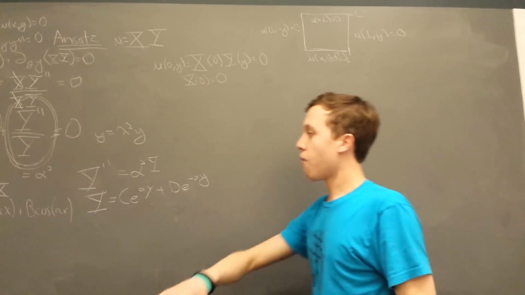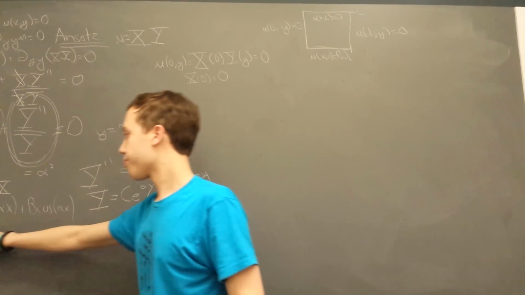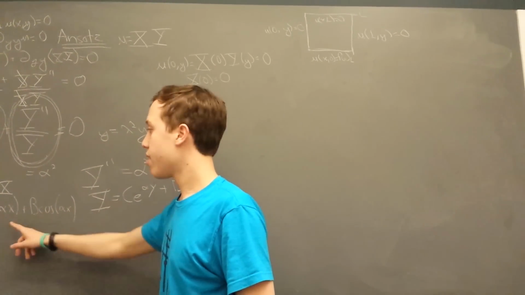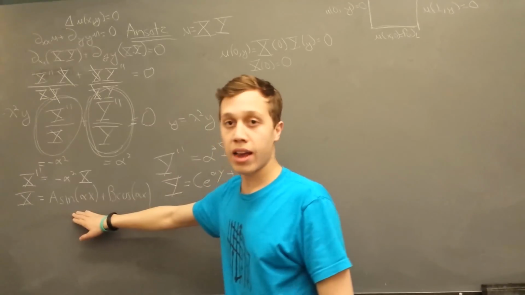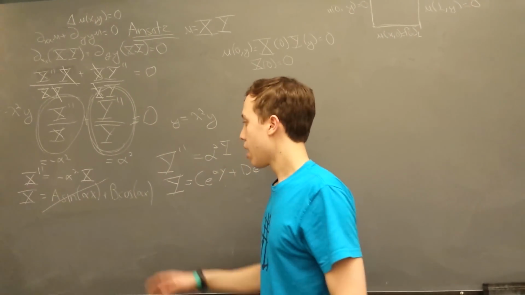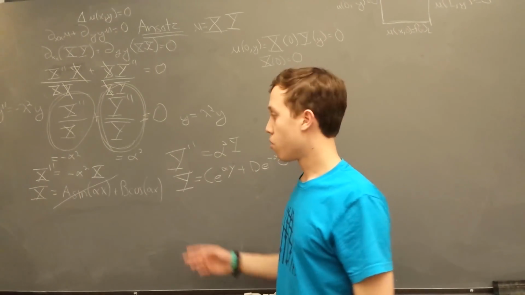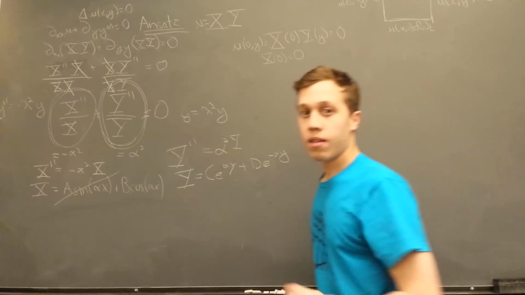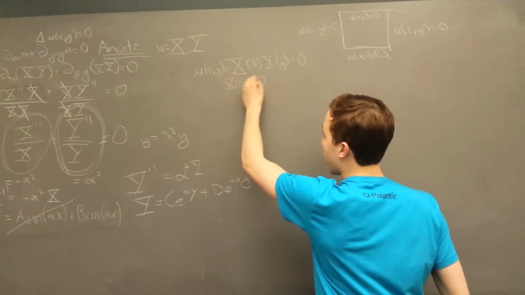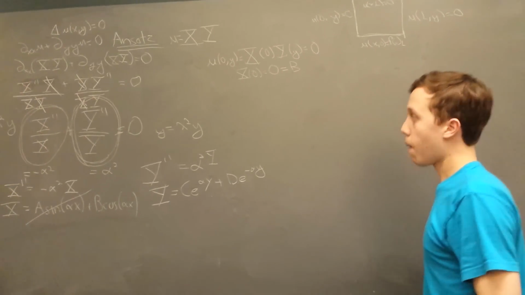So let's plug in 0 for x in the equation for big X that we generated down here. Plugging in 0 for the arguments of sine and cosine gives us a times sine of 0, which is 0, so this term will vanish. And b times cosine of 0, well cosine of 0 is 1, so this will just be b. That just gives us big X of 0 equals b, which is equal to 0.